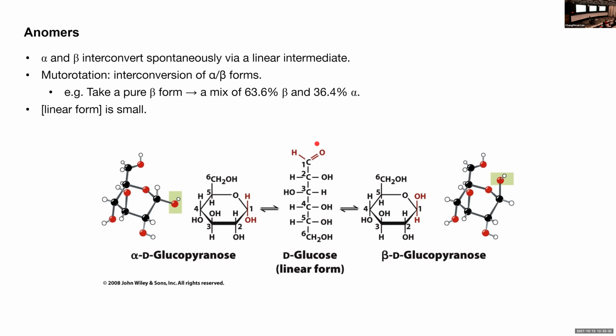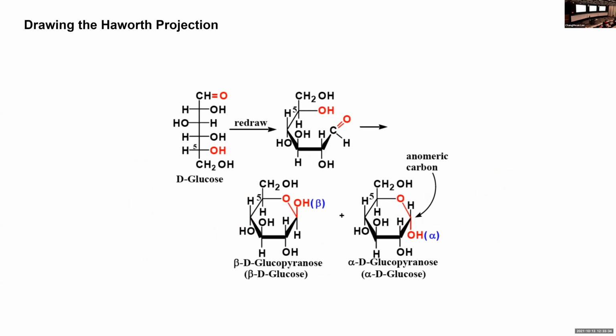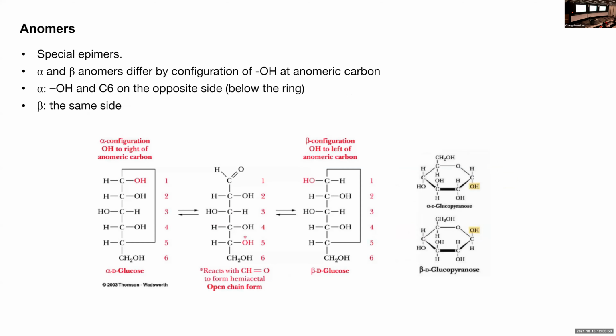Okay. All right. So I just talked about the projection here, which is called the Haworth projection. You can use the Fischer projection, but it is not ideal for the cyclic form, because you have to write it this way, which is not so much like what the actual molecule looks like.